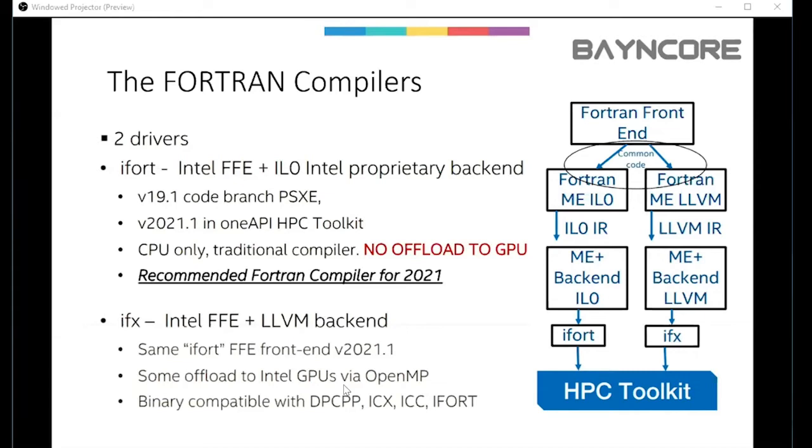The recommendation is that for most Fortran work this year, when you move from Parallel Studio to oneAPI, use the classic compiler, not the LLVM one. That's the recommendation. And as I said earlier on, the Fortran LLVM compiler is still considered beta.